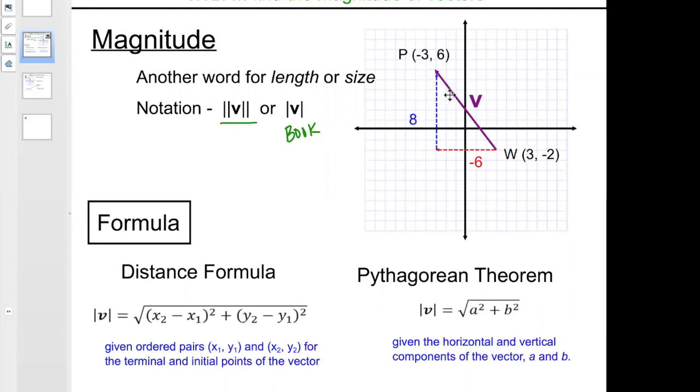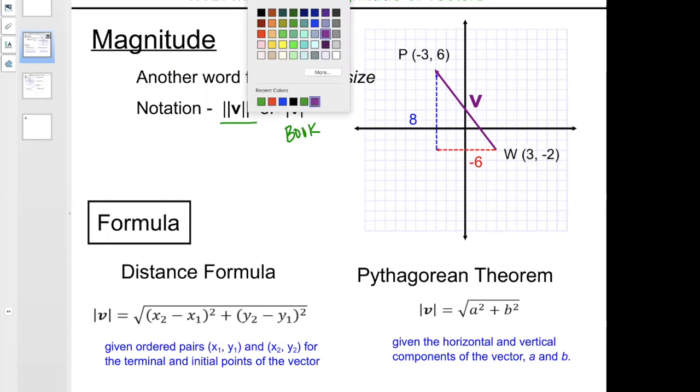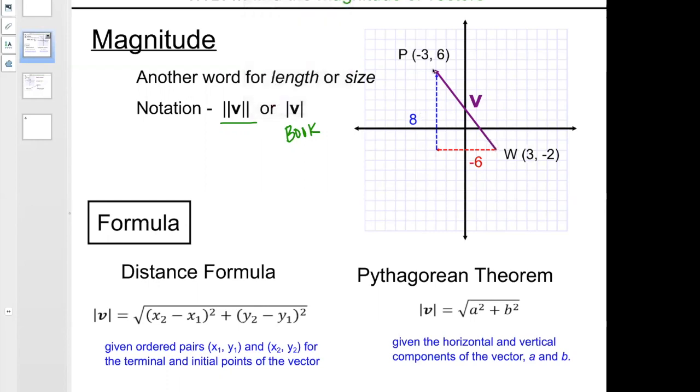When talking about magnitude, I want you to know that it's not meant to be a complex thing. You've been doing it for a really long time, since Algebra 1, because it's just distance formula and Pythagorean theorem. This vector has the two ordered pairs, the initial point connecting to the terminal point, W to P in this case. Then you can also come up with the components, which are the horizontal distance and the vertical distance.